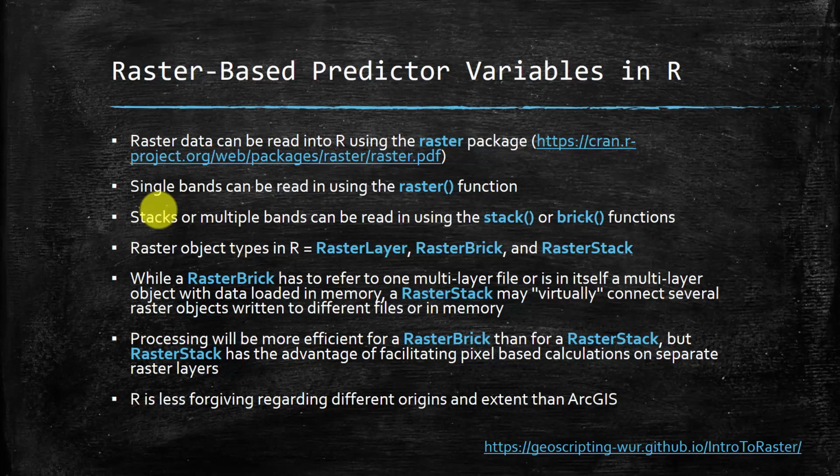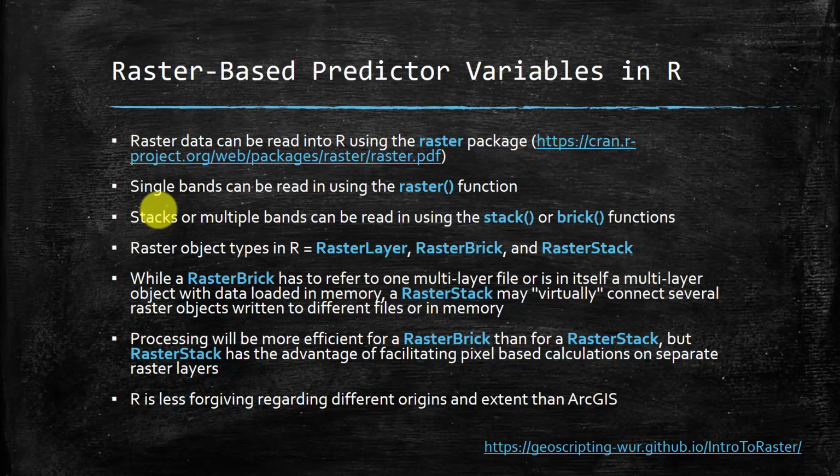Generally speaking, processing will be faster and more efficient if you use a raster brick, which can be important, especially if you're using large data sets. But raster stacks have the advantage of allowing for pixel-based calculations on separate raster layers. So you don't have to have all your input from the same layer. In short, if you're going to read in multi-band data, you're going to use a brick or a stack.